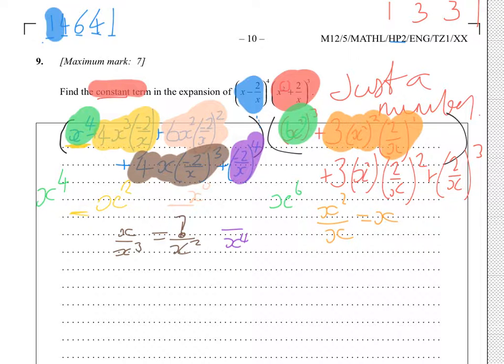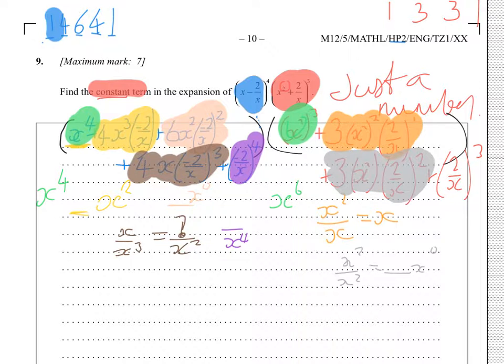The next one will be an x squared over x squared. So that's our constant term again.